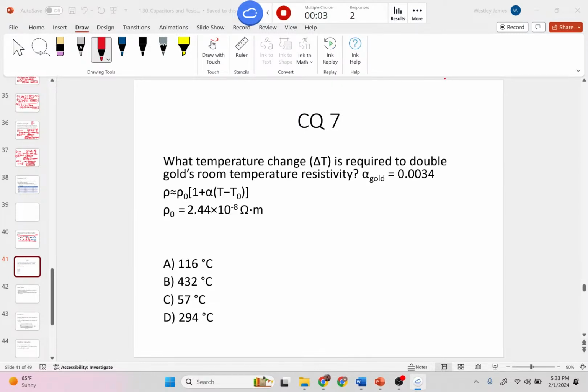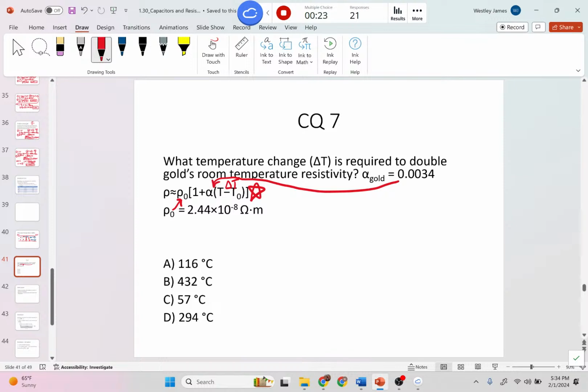So resistivity is given by this equation. Resistivity equals its resistivity at room temperature, that's this rho naught, times 1 plus alpha. Alpha is based on the material. There it is. Times the change in temperature. Okay?